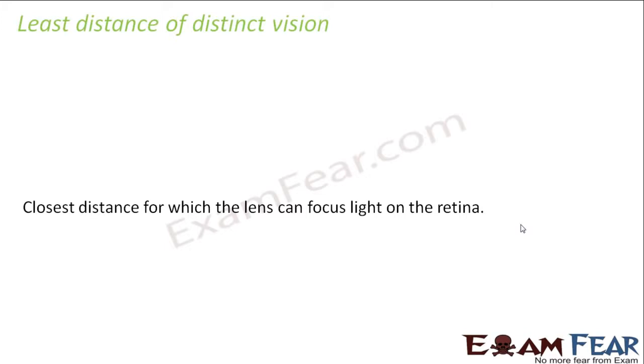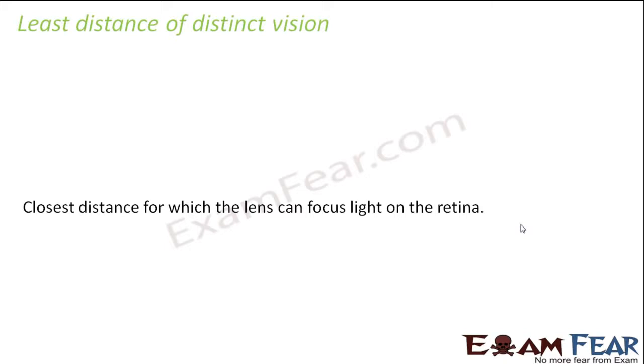Because I told you how the image is formed on the retina: when the object is at infinity, the focal length is maximum. Now as the object is brought nearer, the focal length keeps decreasing, right? So every time it decreases in such a way that the image is formed on the retina.